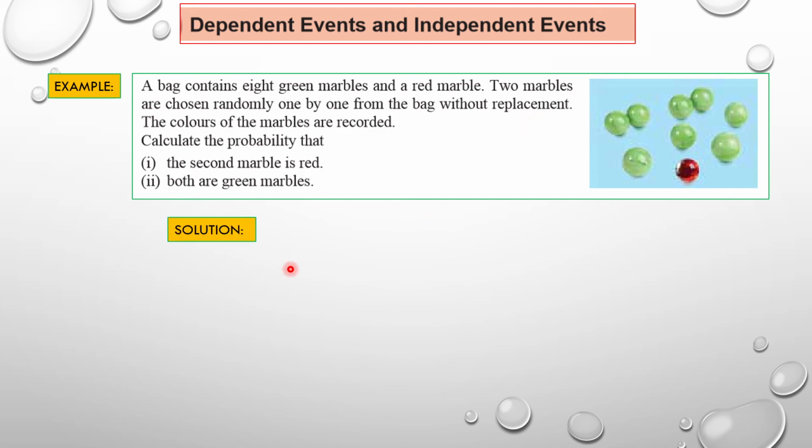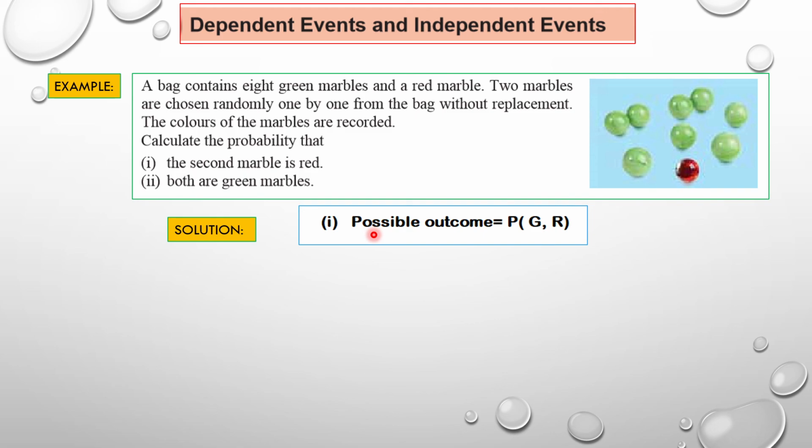Okay, let's look at the solution. Okay, the first one, the second marble has to be red. Okay, the possible outcome so that the second marble is red, that means the first one we must get green and the second one is red, since we have only one red here.